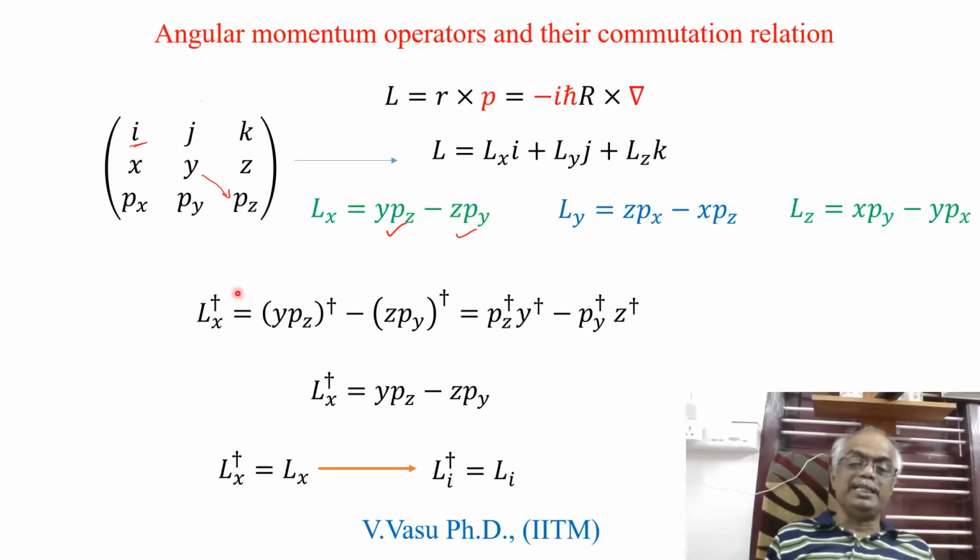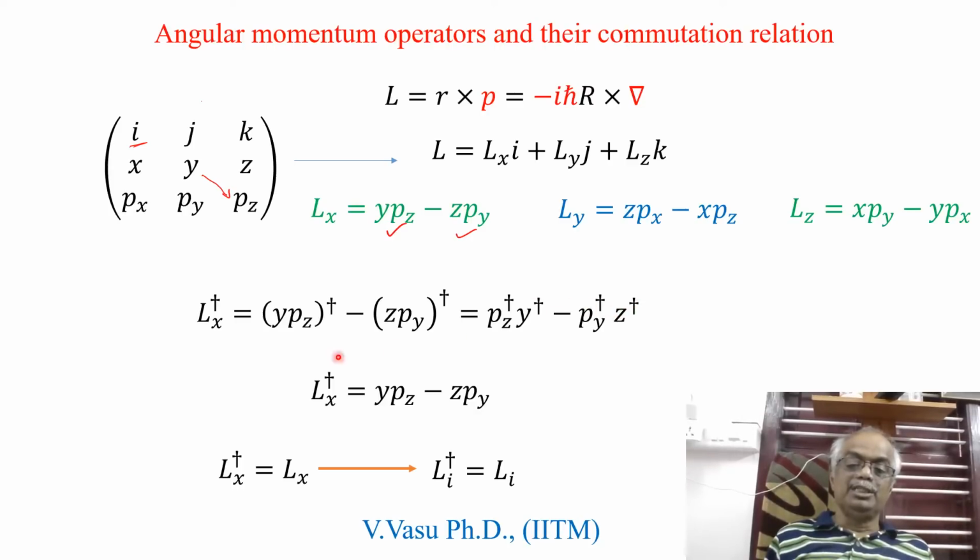Now let us take the Lx dagger. We will check whether Lx is Hermitian or not. You take this expression and take the dagger on the left hand side and the right hand side. When you take a dagger operation, the order of the operators gets reversed. So the first term ypz whole dagger will become pz dagger y dagger. Similarly, this one, py dagger z dagger.